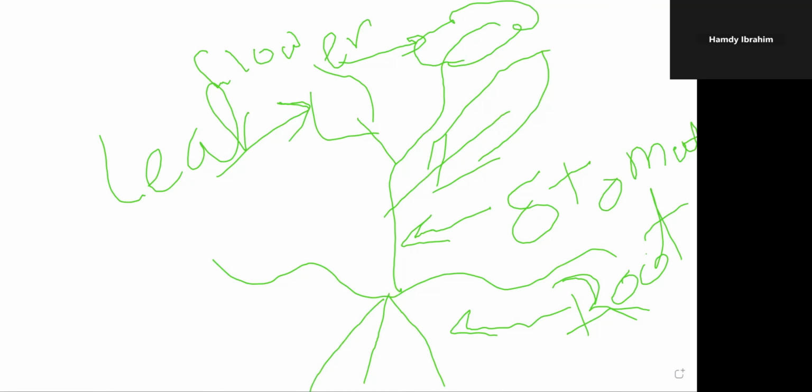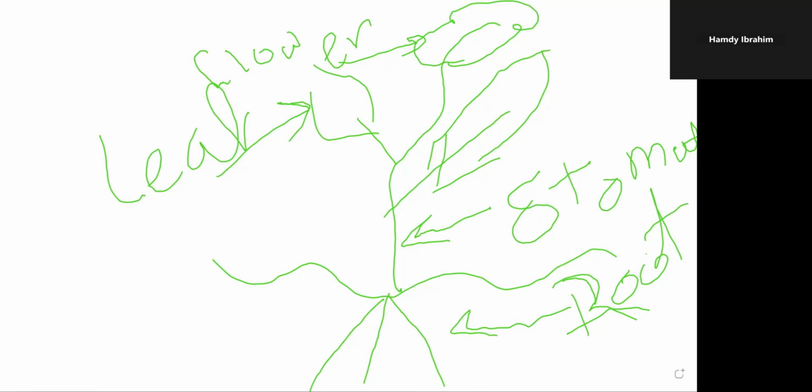So we have functions of stem, which are support the plant, transport nutrients and store resources. So stem provides structure and support for the plant, and then it transports water and the nutrients from the soil to the other parts of plant, and stem also can store food and other resources for the plant.